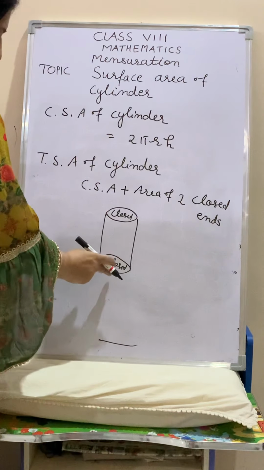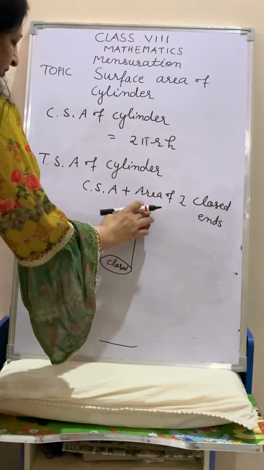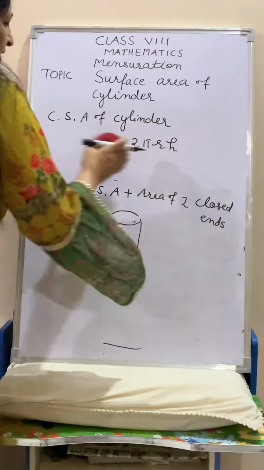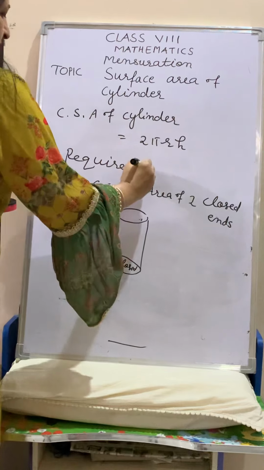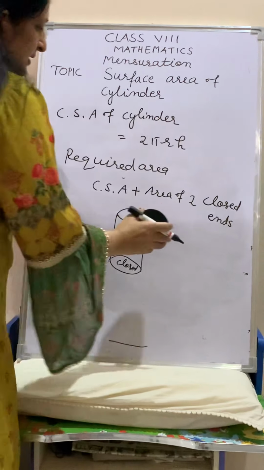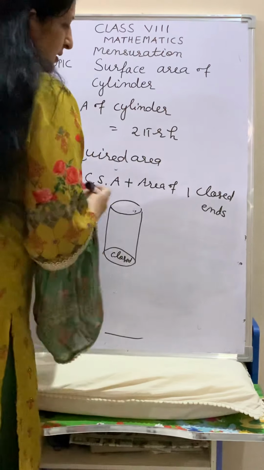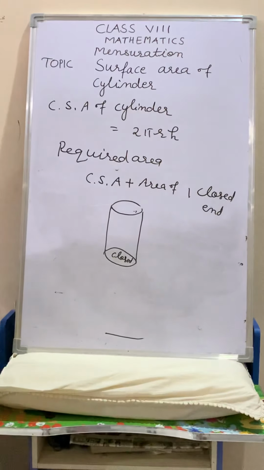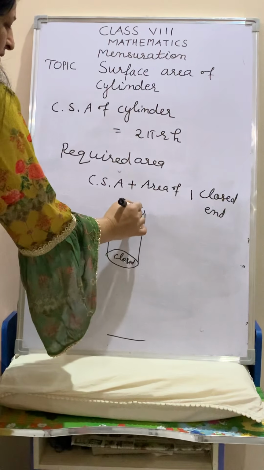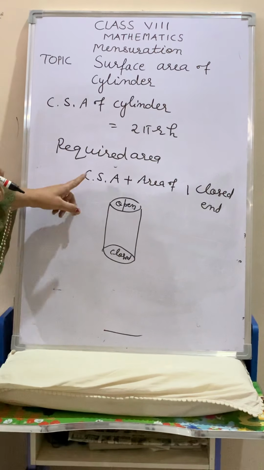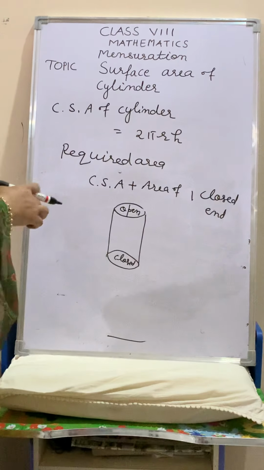When one end is open, not closed, then we will find the required area: curved surface area plus area of one closed end, this type. When one is open and one is closed, we find the curved surface area in between plus the area of one closed end only.